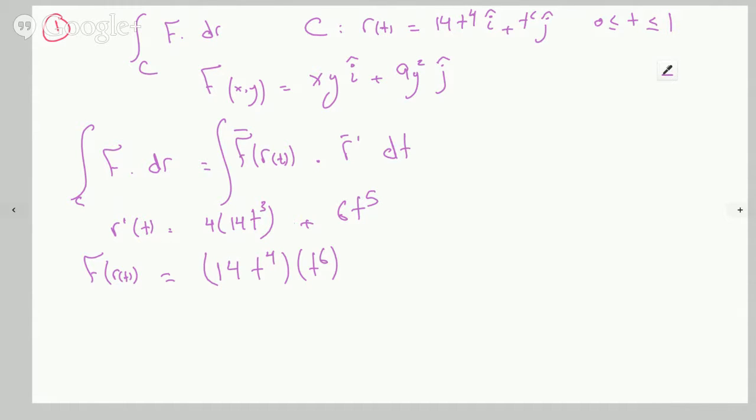That's x times y, t to the 6, and that's the I component, plus 9y squared. So we will replace the y with its value of t to the 6. And now the line integral becomes the integral of the dot product between this vector here and this vector here, and the dot product is nothing but the multiplication.